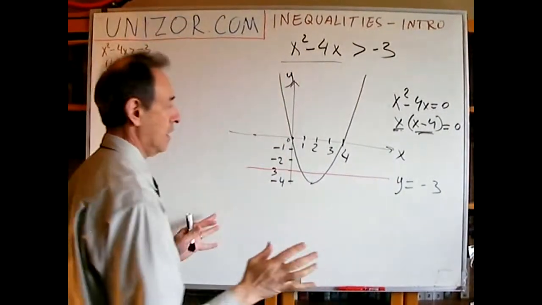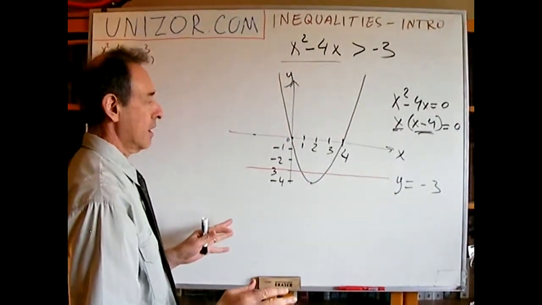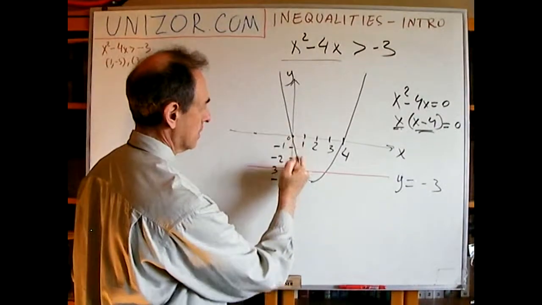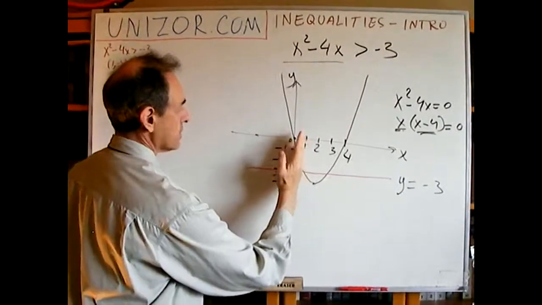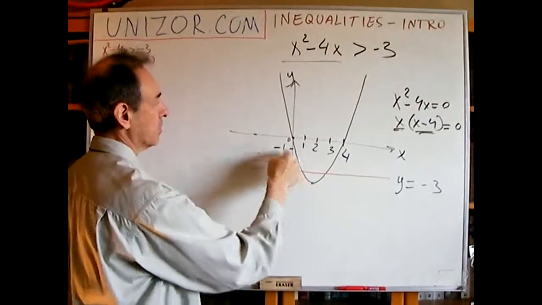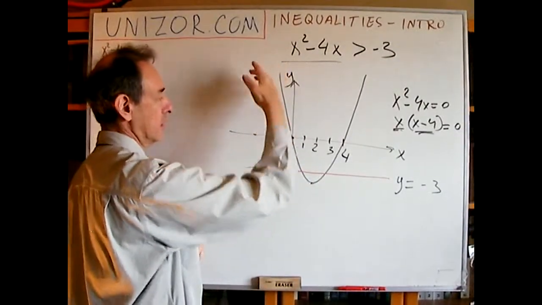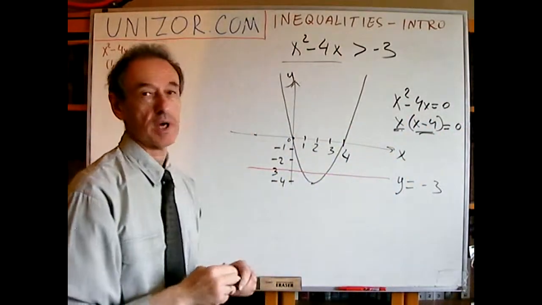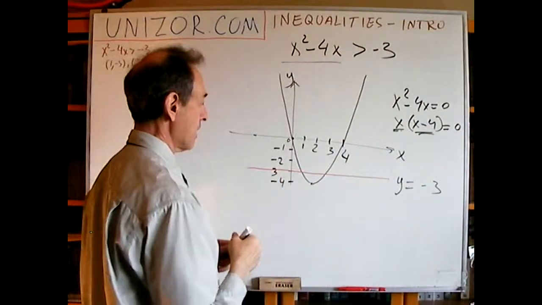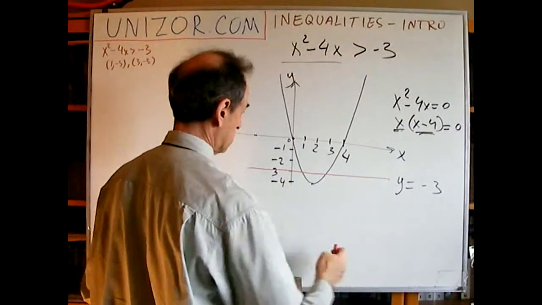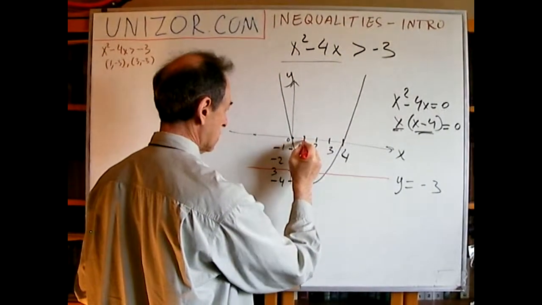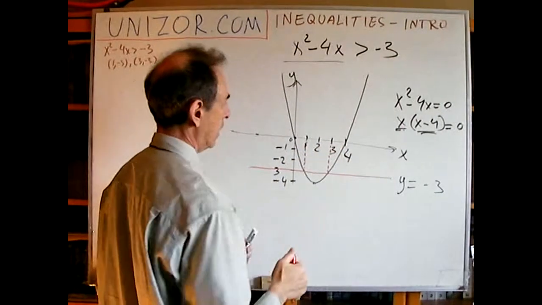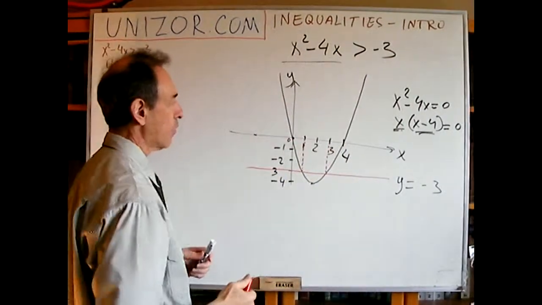Now, we see quite clearly that for x on this side, the parabola would be higher than minus 3, and for x on this side also higher than minus 3. Okay, what x are they? Well, I can basically draw this. Now, it looks like it's 1 and 3.